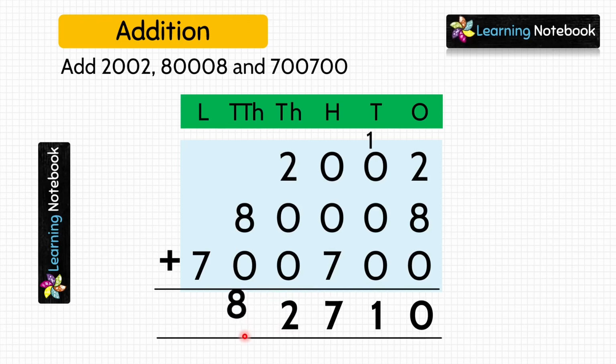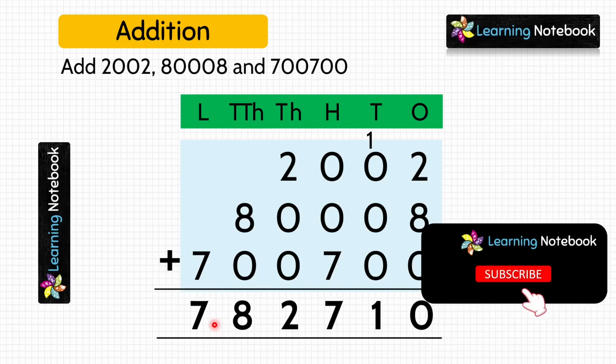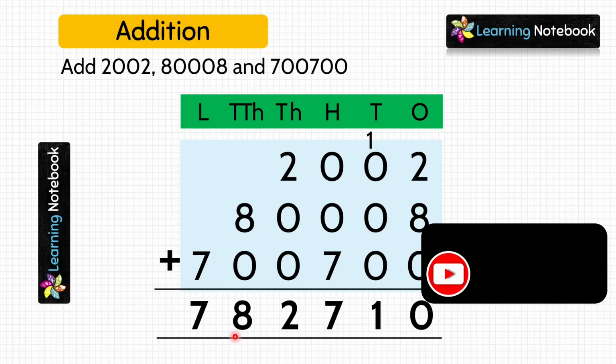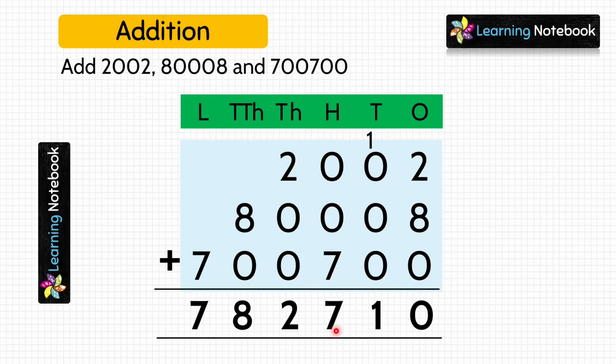So write 8 here. And then at lakhs place we have 7. So this is our answer: 7,82,710. So students, this is how we do addition of large numbers.